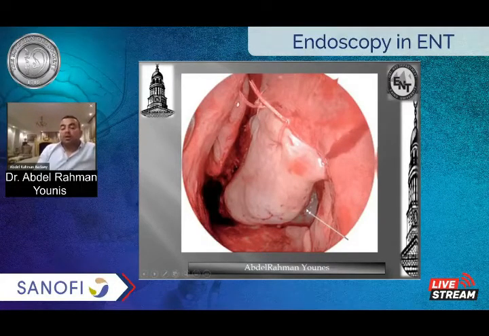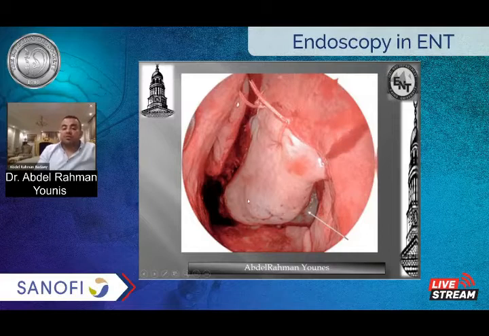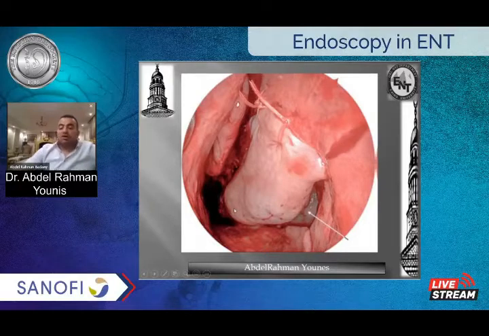It differs from classic medial maxillectomy in that you are drilling only the part which is anterior to the nasolacrimal duct, and you return the whole middle and inferior turbinate with its bony attachment back to its place, avoiding all the problems of a large nasal cavity.